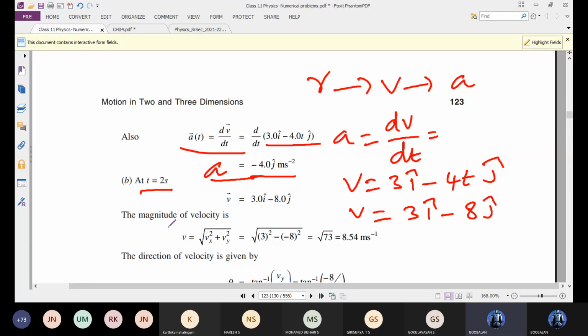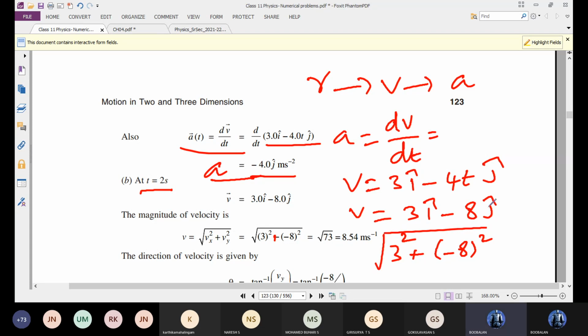For the magnitude of velocity, we just discussed the resultant formula: root of Vx square plus Vy square. Vx square is 3 square plus minus 8 square.